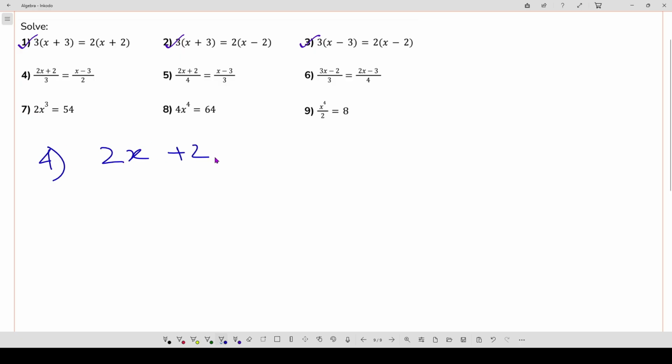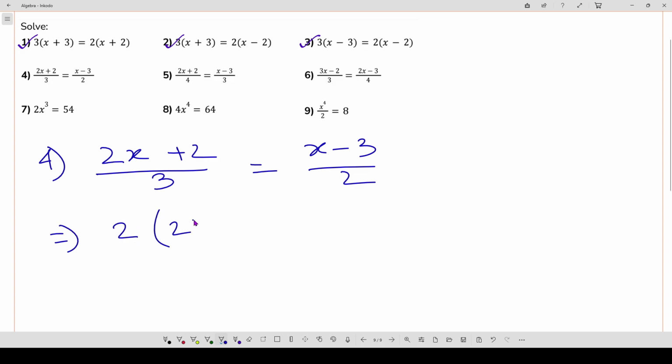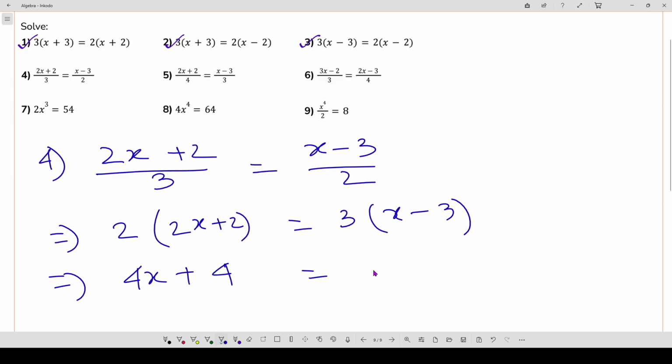Question 4, (2x plus 2) divided by 3 equals (x minus 3) divided by 2. So we can do cross multiplication. So 2 times (2x plus 2) equals 3 times (x minus 3). So here is 4x plus 4, and here is 3x minus 3 times 3, which is 9.